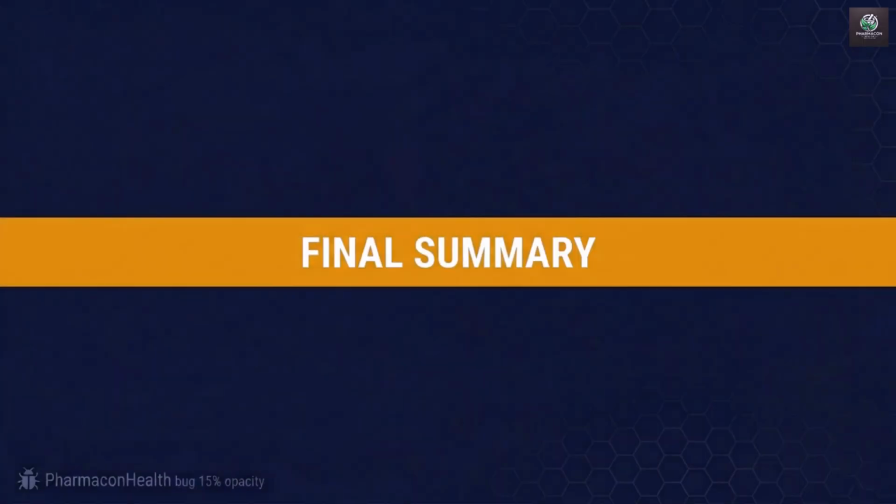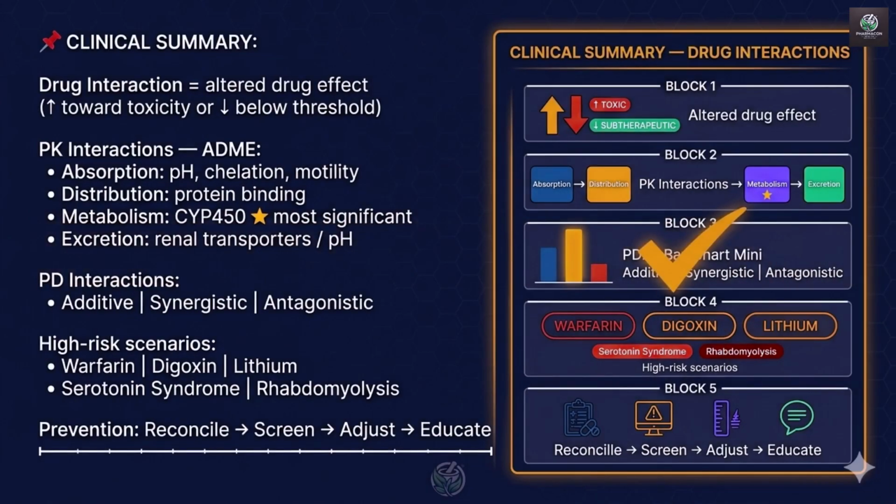Let us close with a comprehensive clinical summary, the essential facts every pharmacist and clinician must carry into practice. Here is your definitive clinical summary. Drug interactions occur when one drug, food, or substance alters the pharmacological effect of another, either pushing drug levels toward toxicity or lowering them below the therapeutic threshold.